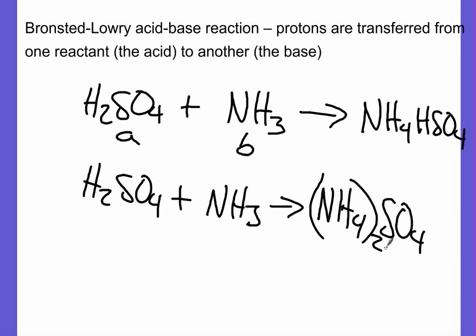Right? It kind of depends on the context. If I had an equal amount of each, I'd end up with this product. But if I had double that compared to this, I could actually react completely and end up with the ammonium sulfate as a product.